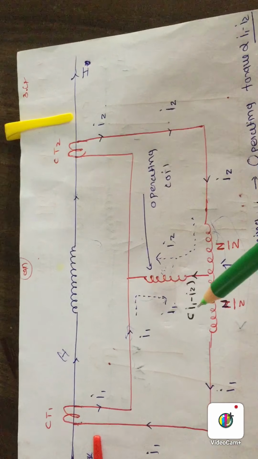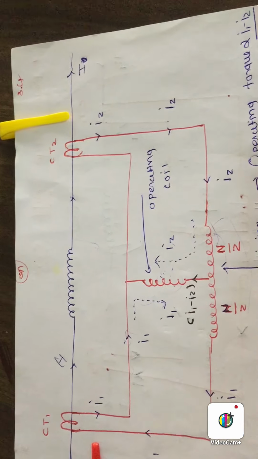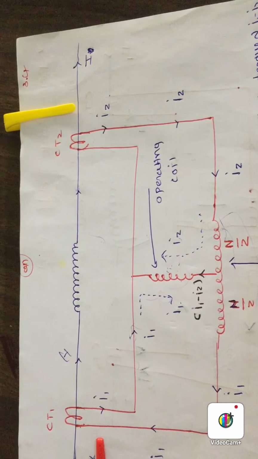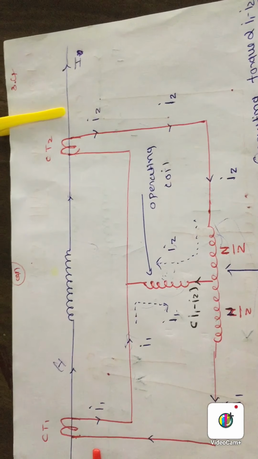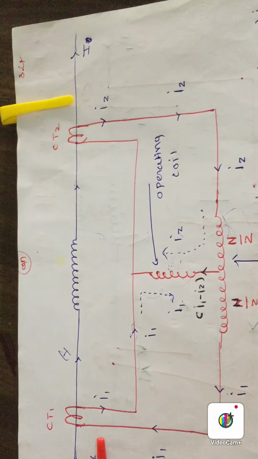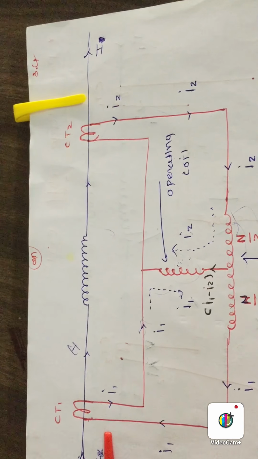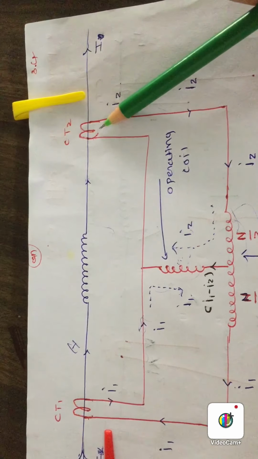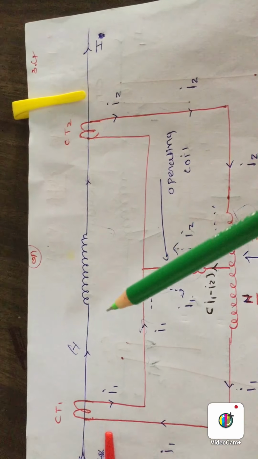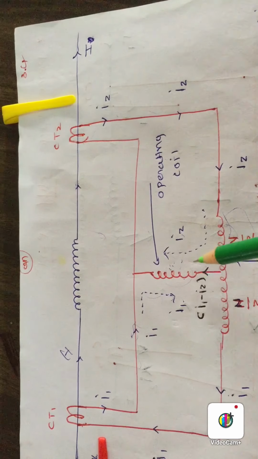First of all we will study the disadvantage of simple differential protection. You know that simple differential protection will operate for heavy external short circuit condition. Why? Because in normal condition CT1 and CT2 are not identical. It means that in normal condition also the difference I1 minus I2 is not 0.